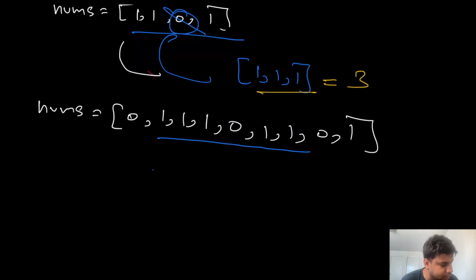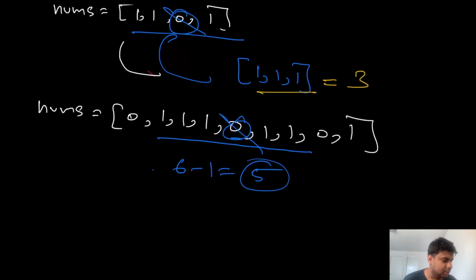So consider this window, it has just one 0. 1 2 3 4 5 6 is the size of this window, but since we are deleting one 0, 6 minus 1, 5 will be the result after deleting that 0. So this is basically the answer.